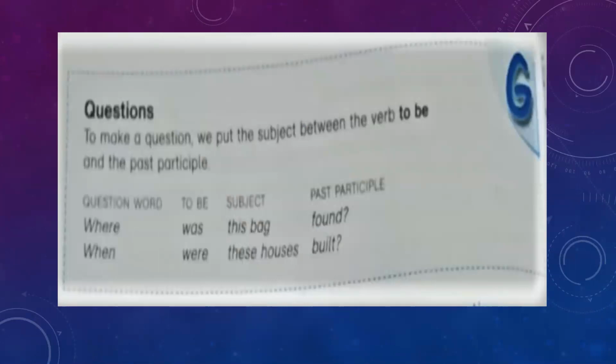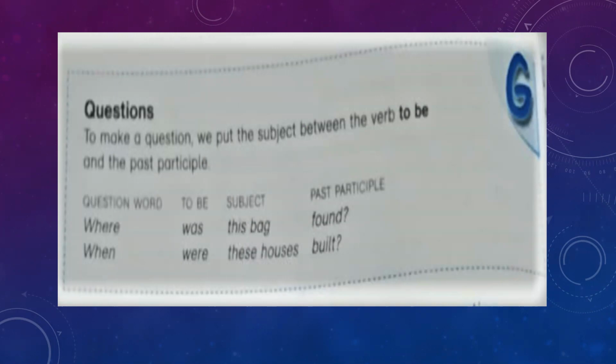Here we will learn how to make questions in passives. Passives means that you have to use to be as was and were and past participle at the place of verb.